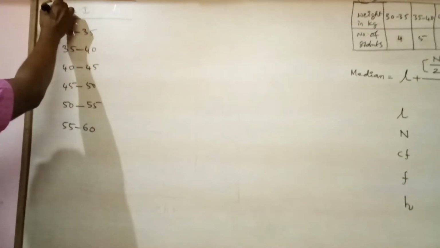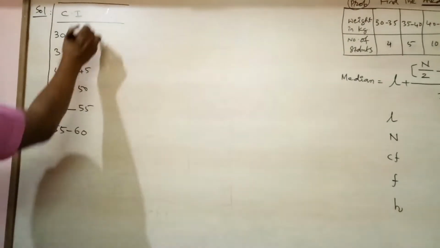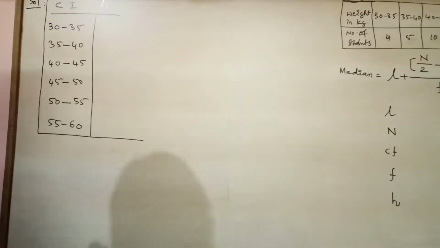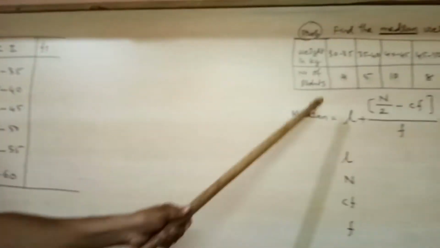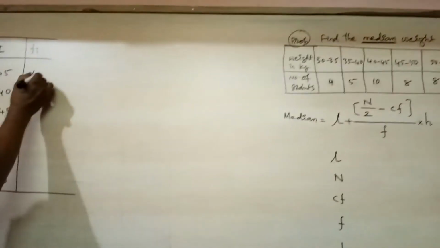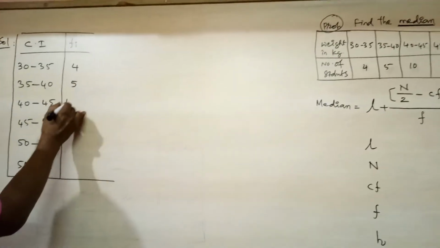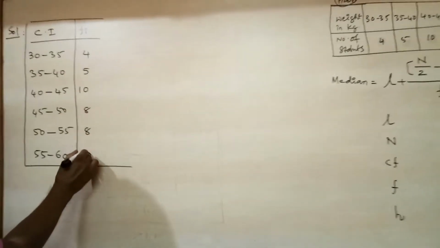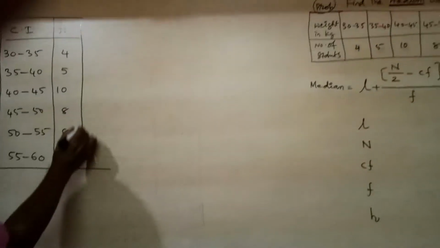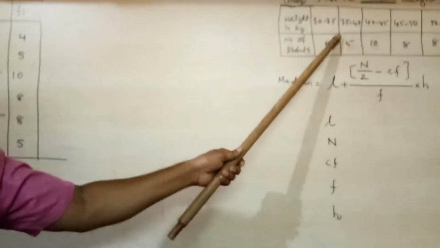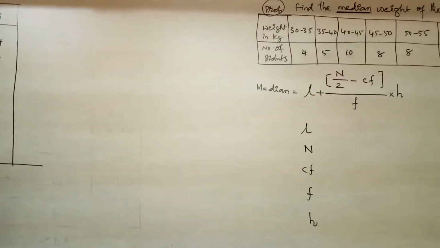These are the classes, written from the given table. Now the frequencies are 4, 5, 10, 8, 8, 5. These are the frequencies. The given table is written like this.